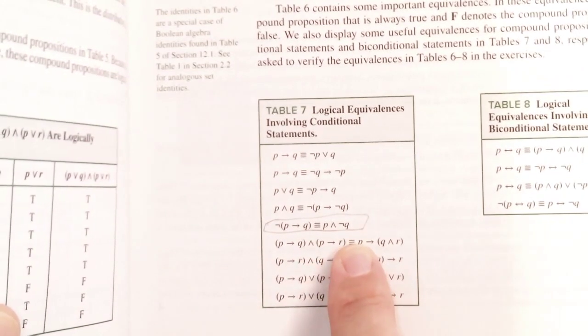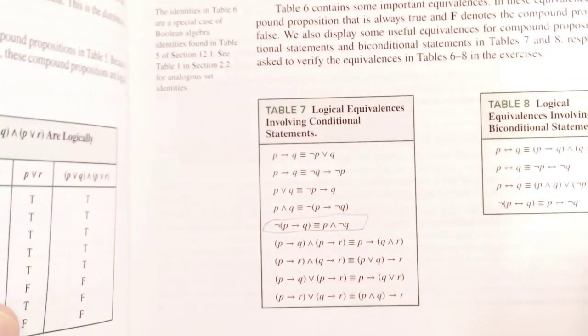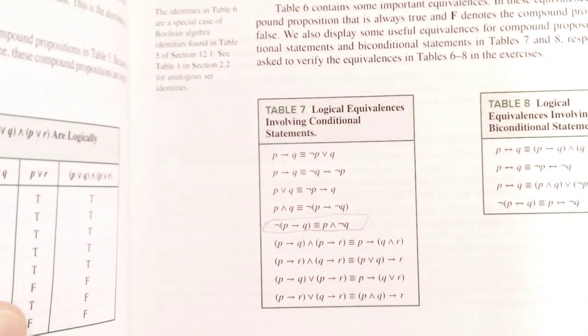So A is related to B and B is related to A, and A and B are different.